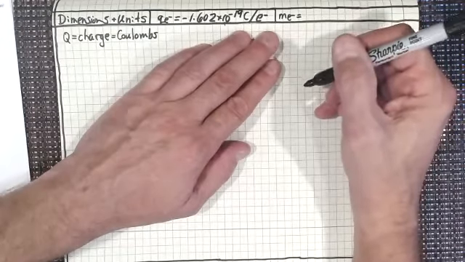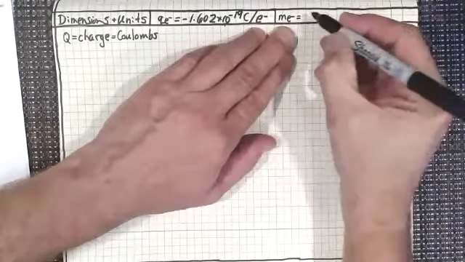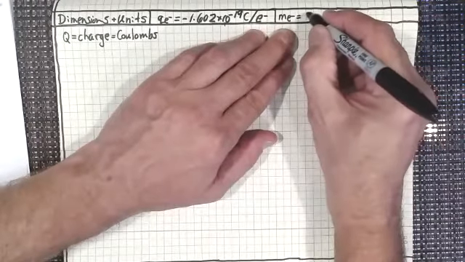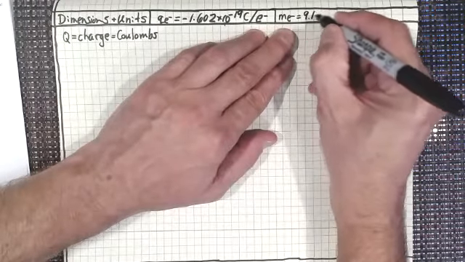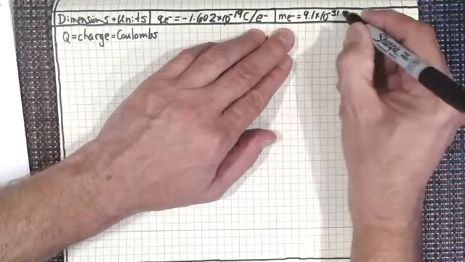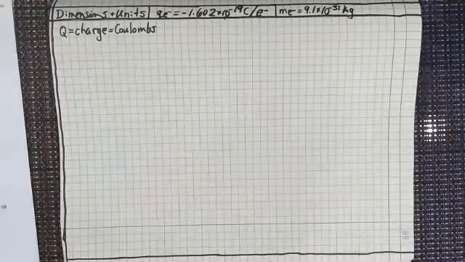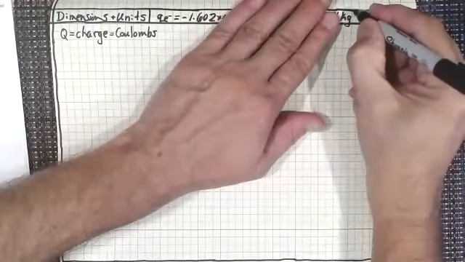You're not there yet, right? You're still a couple years away from joining that club, but it is 9.1 times 10 to the minus 31 kilograms. All right? So those two things you really should know.